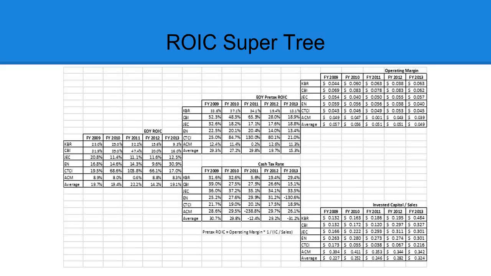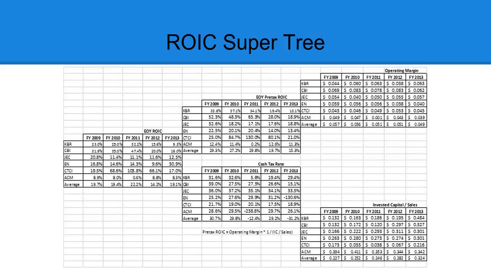So when the tax rate increases, the ROIC should decrease. And this held true in fiscal year 2011 for KBR, but not in 2013 and 2009. So I didn't believe that it was one of the factors that affected EOY ROIC. The second thing that affects the ROIC is the operating margin, which is calculated by dividing the operating income by the revenue. This, to simplify it, is how much a company makes per dollar of revenue.